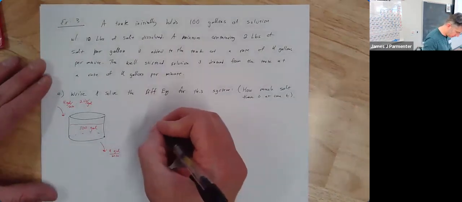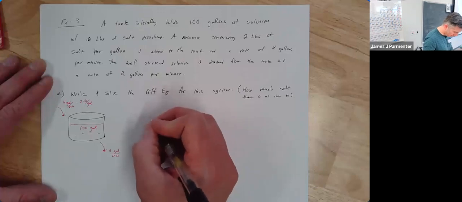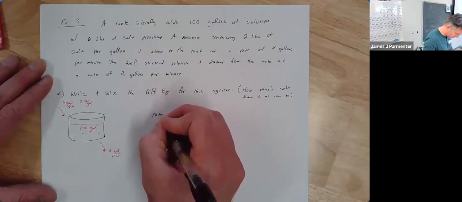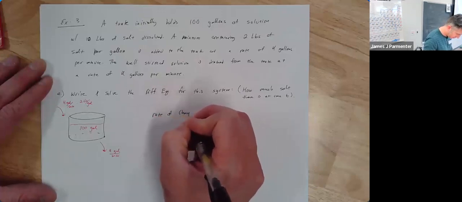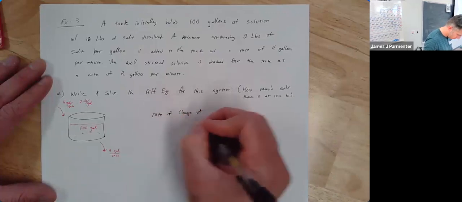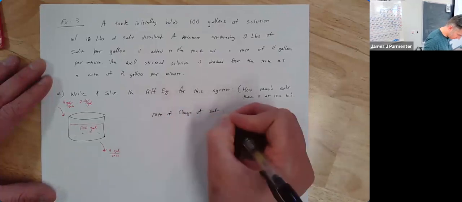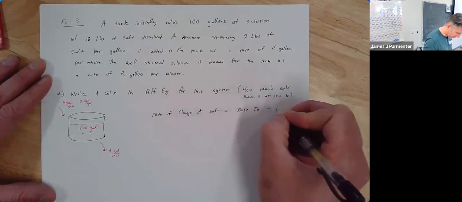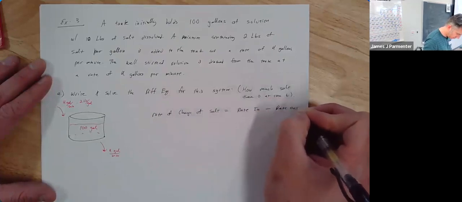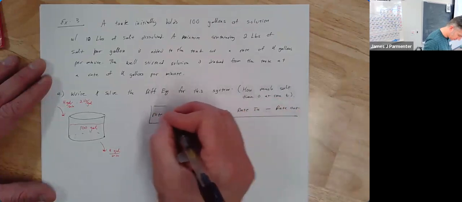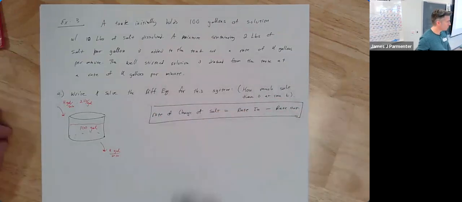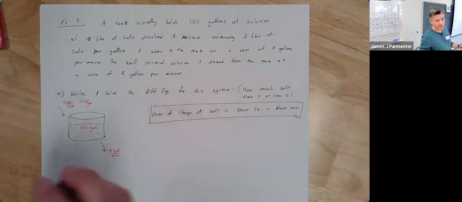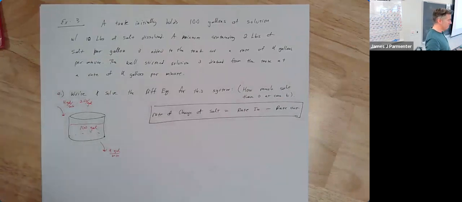So our differential equation: we know the rate of change of salt is just going to equal the rate that the salt goes in minus the rate that the salt goes out. There's a lot of having to make stuff up when you do this kind of problem. You're just going to pick something to be the function; no one told you.